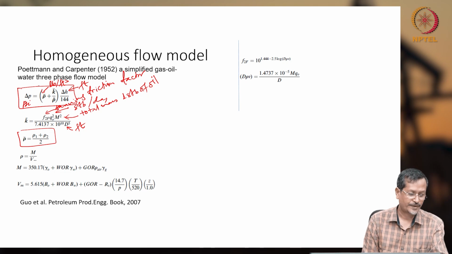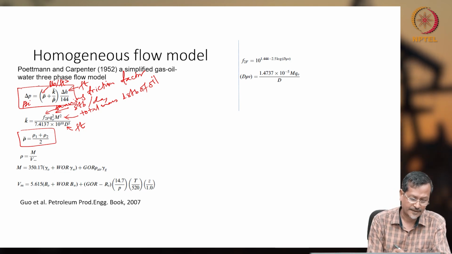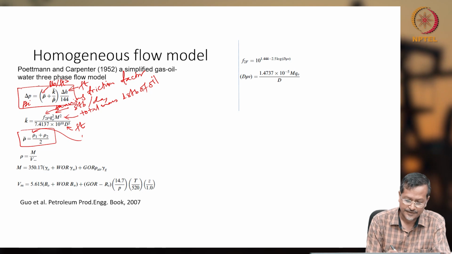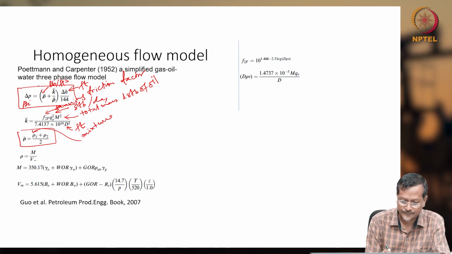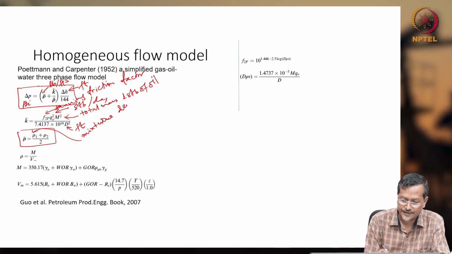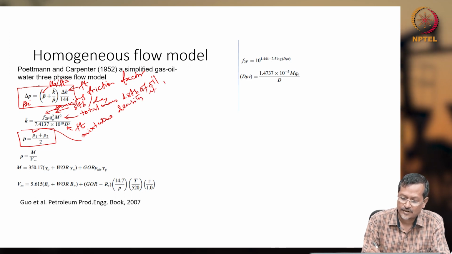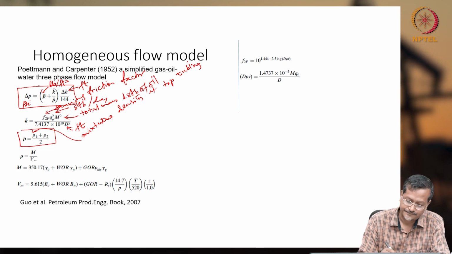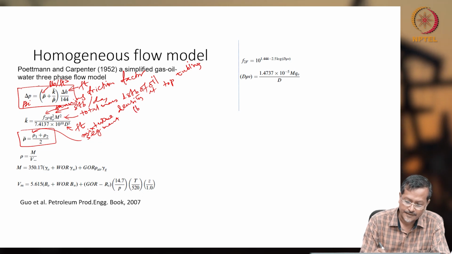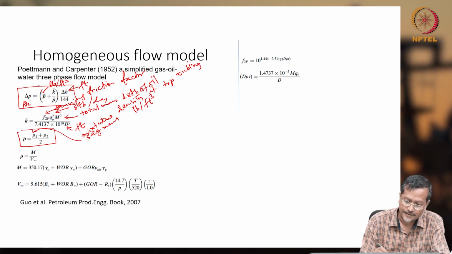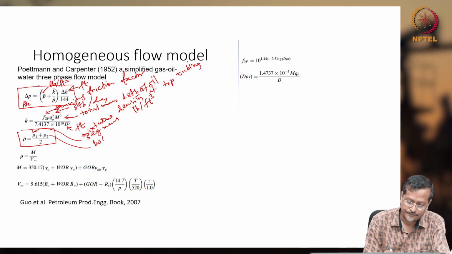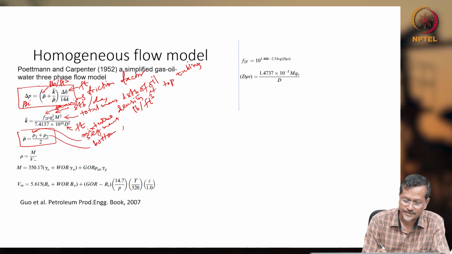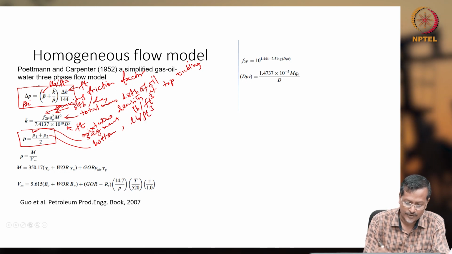Rho 1 is the mixture density at the top tubing segment, in lb per cubic feet, and rho 2 is at the bottom, again the same unit, lb per cubic feet.